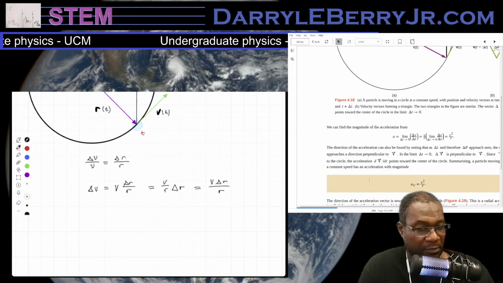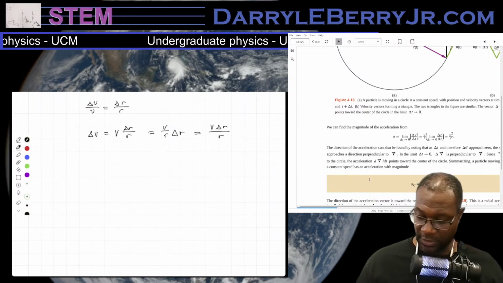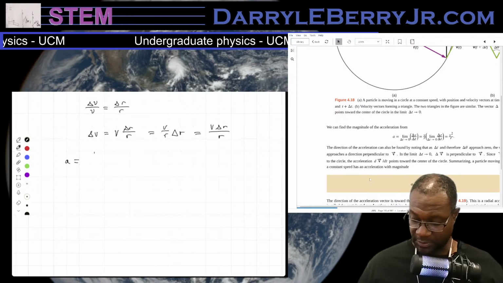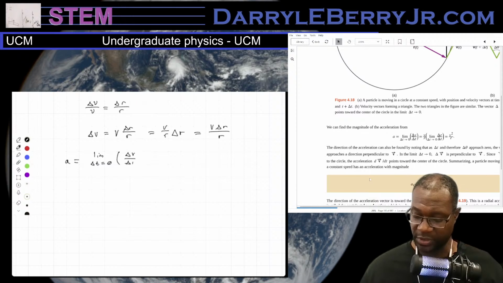So I see it's an interesting way to do that. So A, acceleration, equals the limit as the change in t approaches 0. So we get the instantaneous acceleration of change in V over change in R.